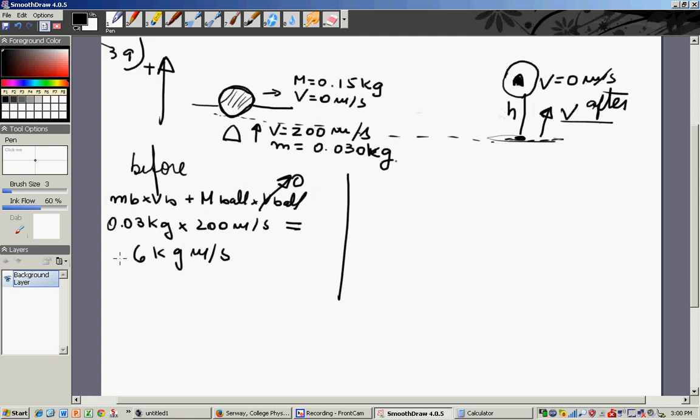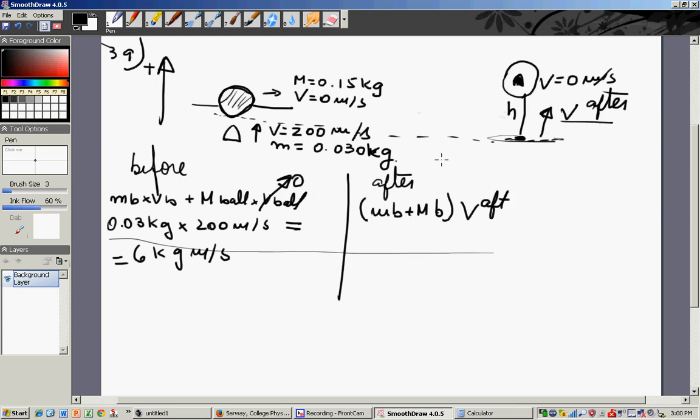So after the collision took place, what do I got? Well, I have now the bullet embedded in the basketball, both of them moving afterward with the velocity I'm calling v after.